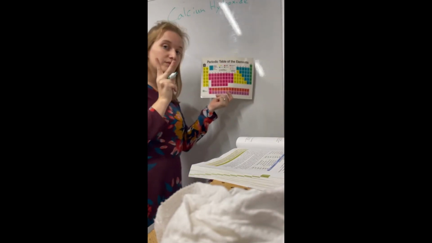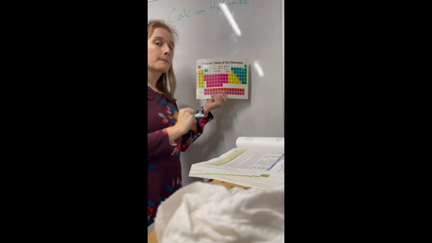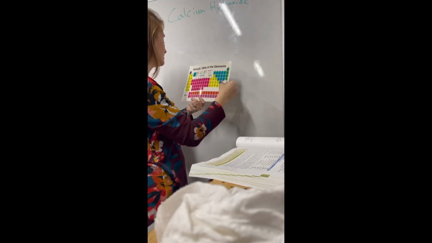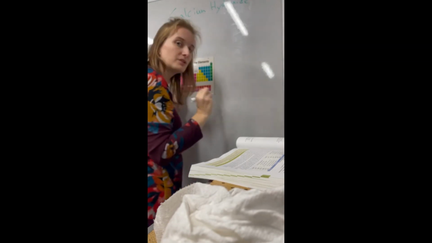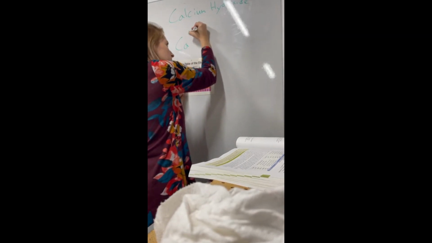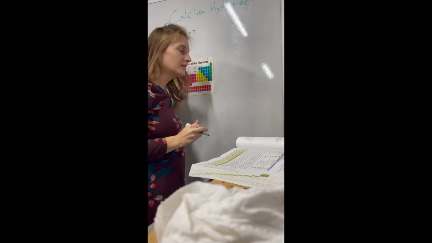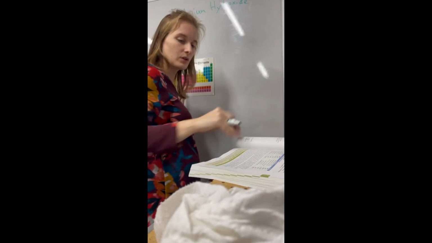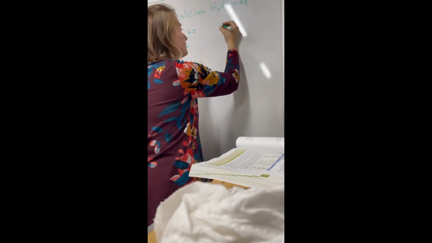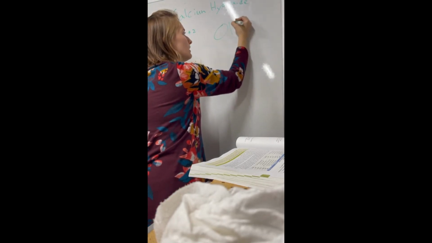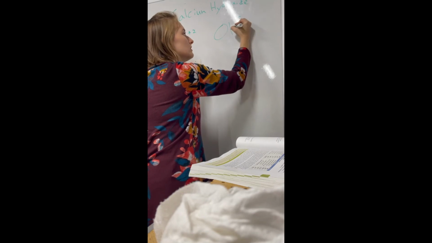It has to get rid of 2 electrons to be an octet, so therefore it's a +1. I'm sorry, +2. +2 ion. Hydroxide is a -1. It's OH. It's a -1 ion.